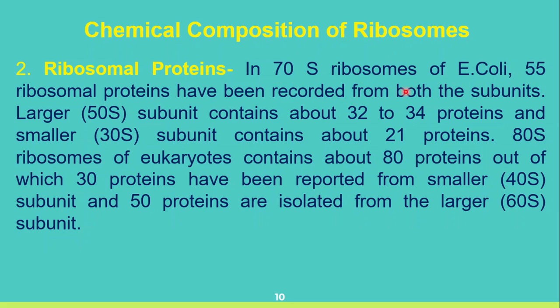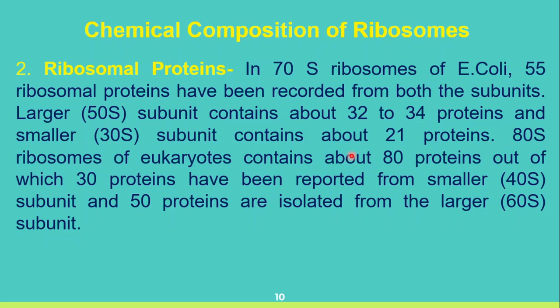So these 70S ribosomes of E. coli contain 55 ribosomal proteins, and all these 55 ribosomal proteins have been recorded from both the subunits of the 70S ribosome, that is the 50S subunit and the 30S subunit. The larger 50S subunit contains about 32 to 34 proteins, and the smaller 30S subunit contains about 21 proteins.